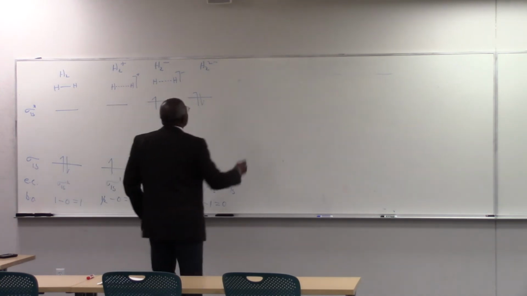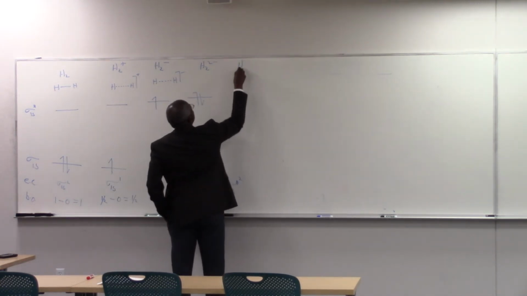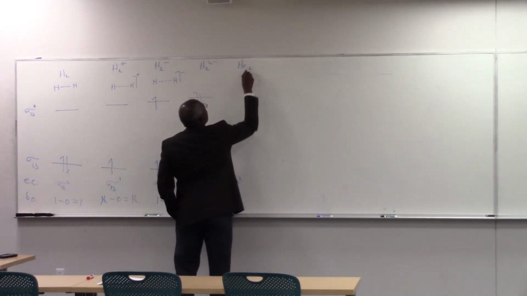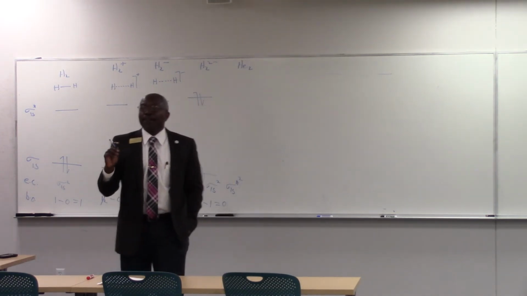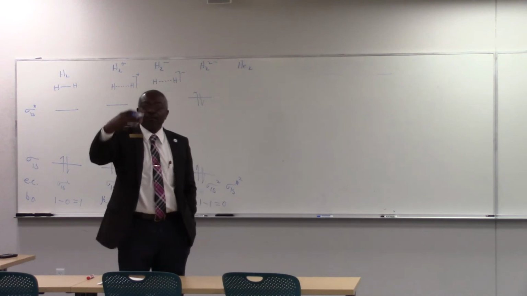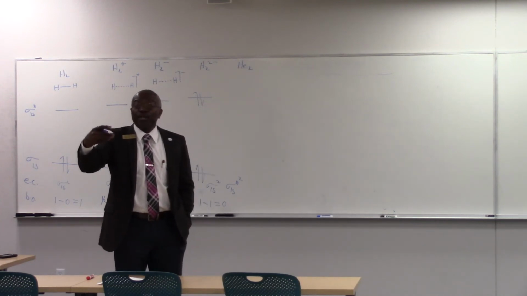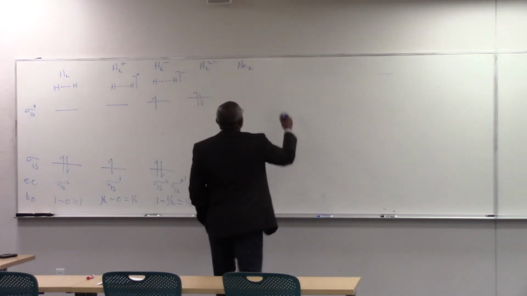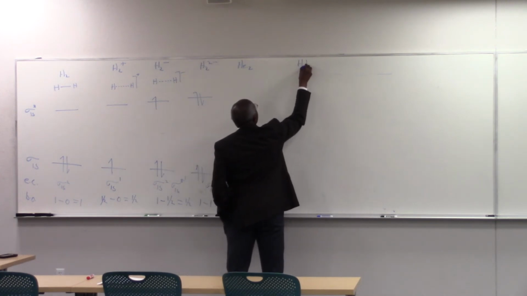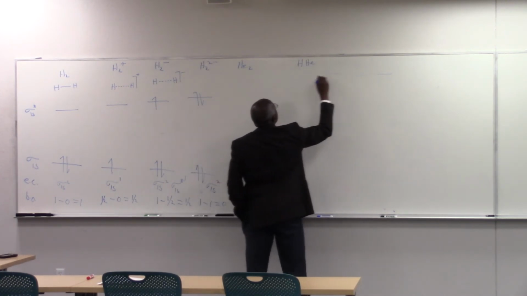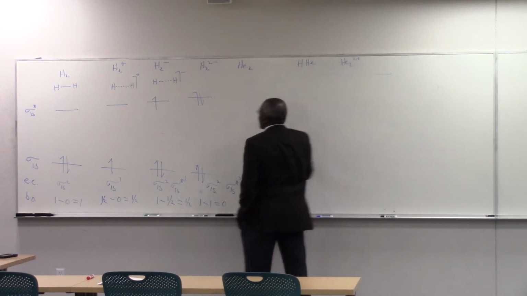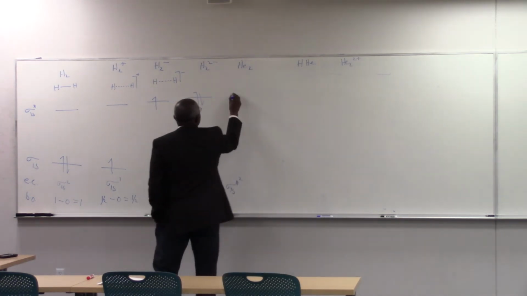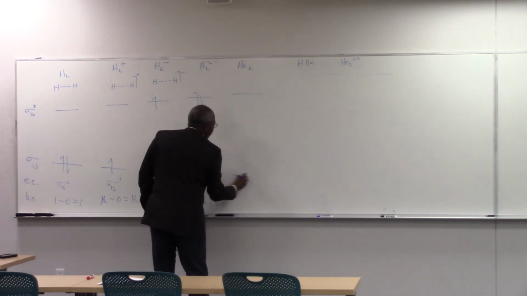By the way, helium is also a period 1 element. So helium also has access to the 1s and the 1s star orbitals only. So what if I were to include HHe, He2, and He2 plus, for example? What would the ECs of those be?